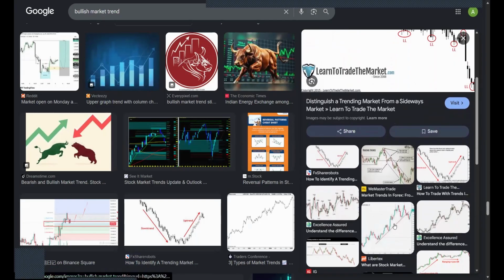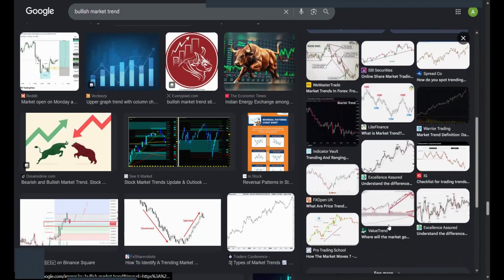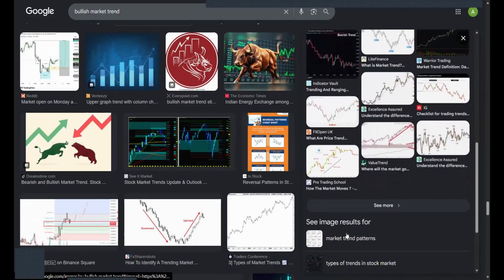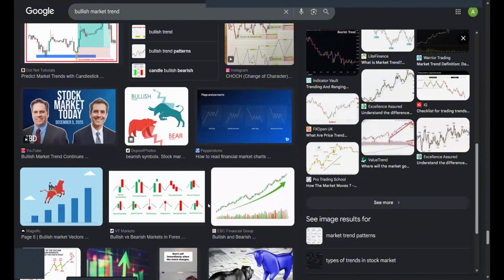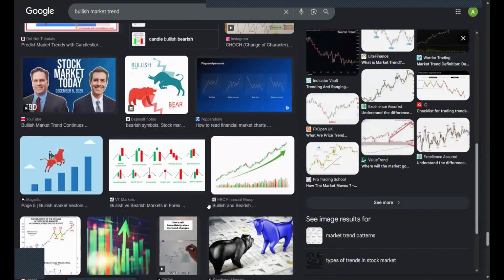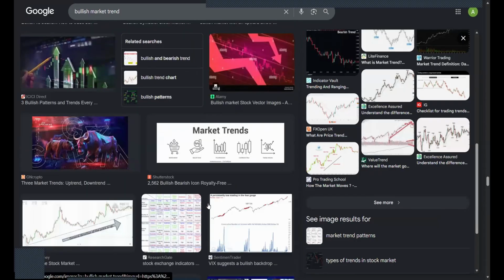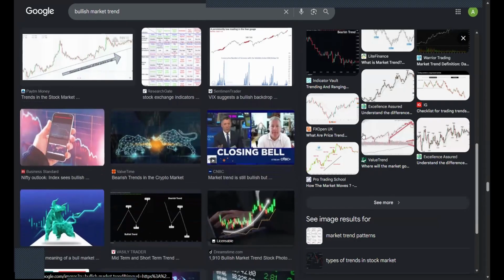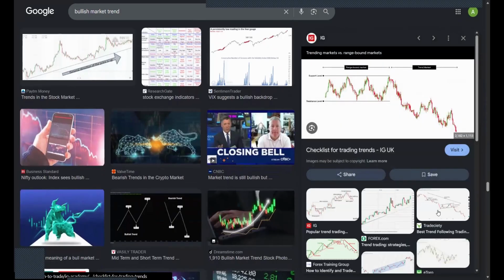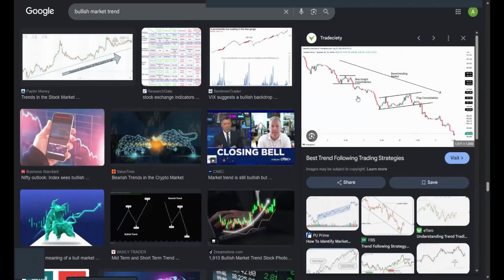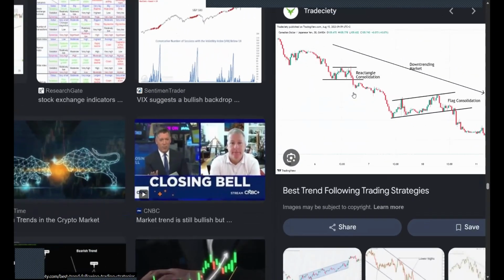So now you have seen what a bullish trend will look like when price is going up, and what a bearish trend will look like when price is going down. This is what you picture a bearish trend looking like, so you can know that price is selling.